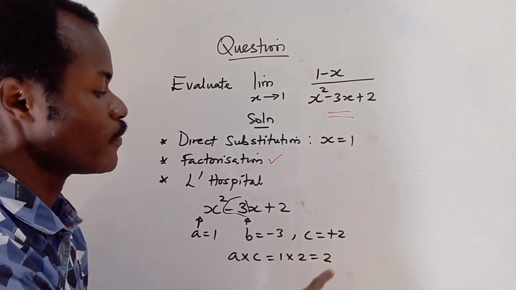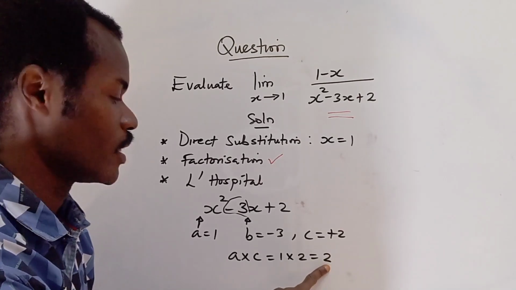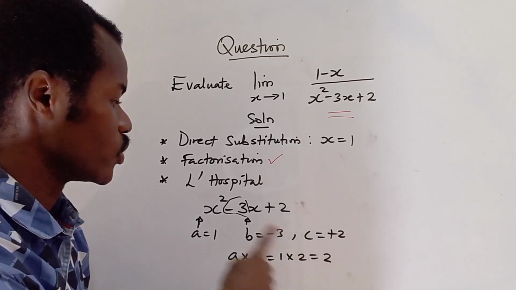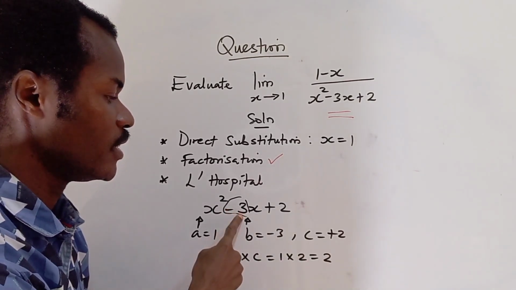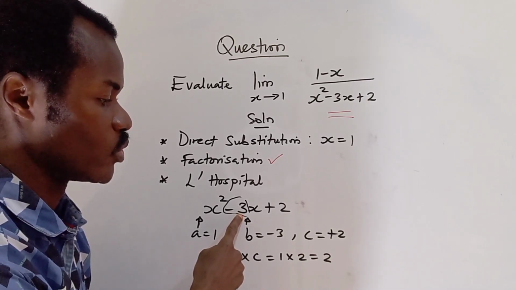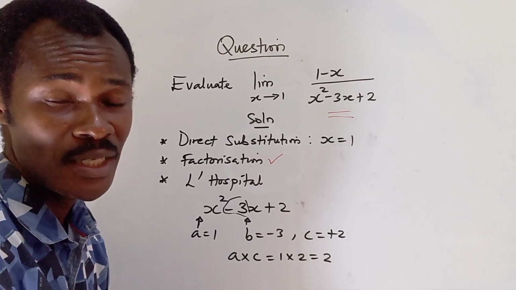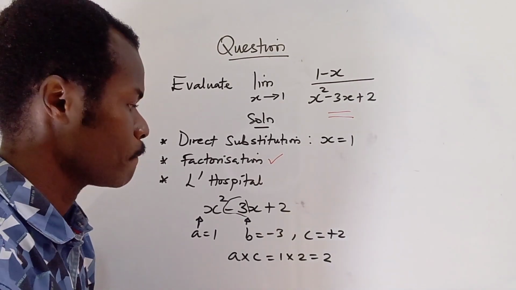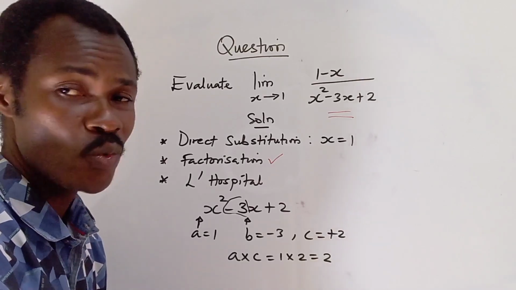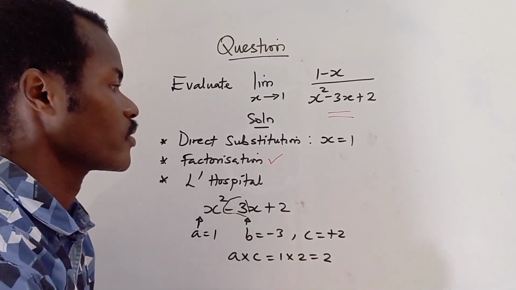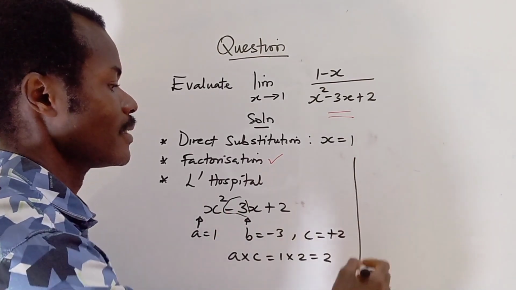So we want to look for the factors of 2 such that their sum is going to give us minus 3, and their product is going to give us the same 2. What are those factors? They are simply 1 and 2. Now the question is what signs are we going to put to replace minus 3x. So for the signs, let's check.